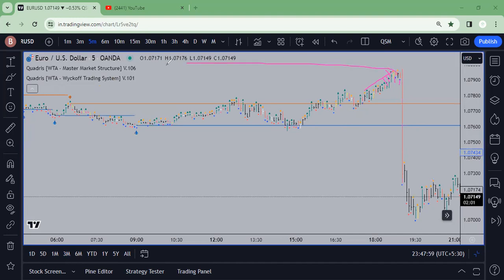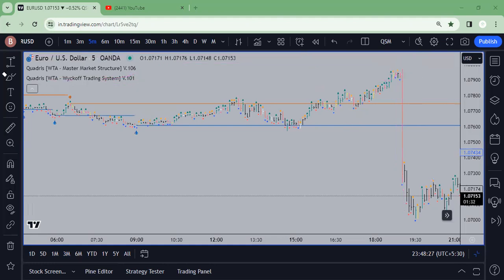This is happening on a known area of support, where we are approaching from the bottom side. So we want to see price either getting absorbed over here, breaking out and continuing its journey upward, or halting at this particular point and then coming downwards.